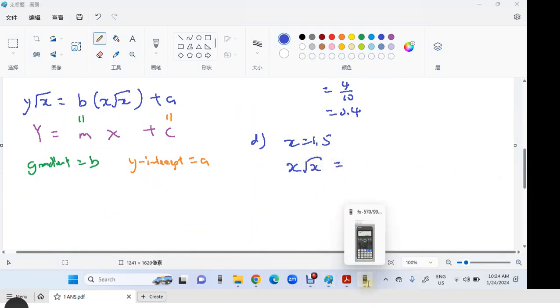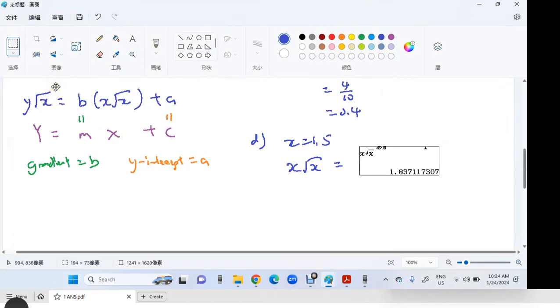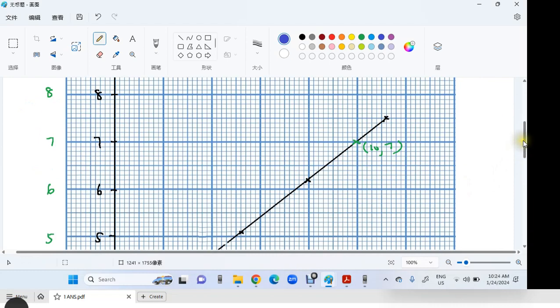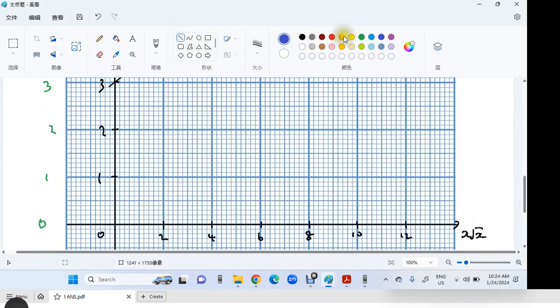So we have the 1.5 here, then it is 1.84, 1.8. So the x is 1.8 here.